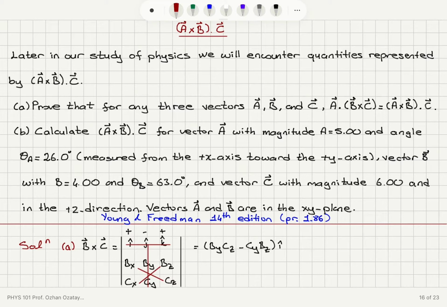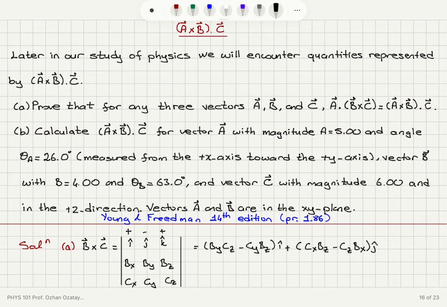Okay, so for the second term, we have plus BxCz minus CxBz with minus j hat, which will become CxBz minus CzBx in j hat.